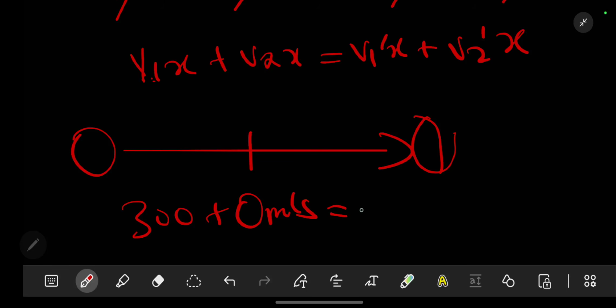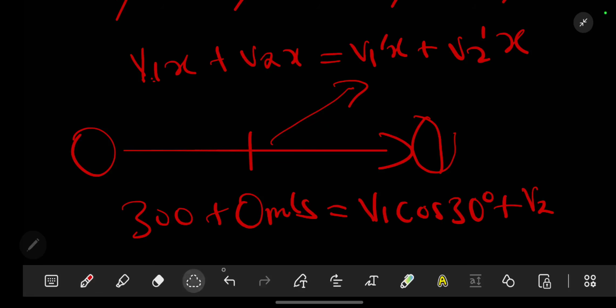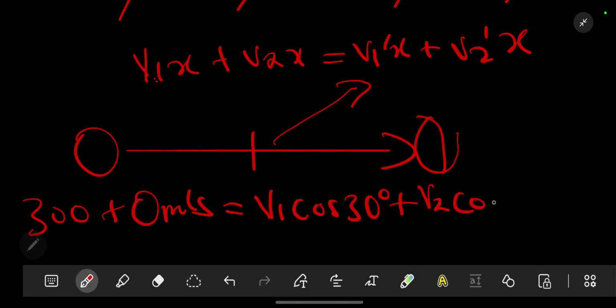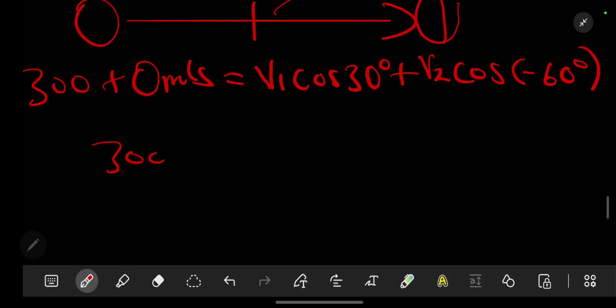This should be equal to v1x, which is v1 cosine of 30 degrees. Remember, it went up, plus the v2 cosine of the angle 60. Now in this case it will be negative 60 degrees. So we have 300 should be equal to v1 cos of 30, this is only true if the mass is the same.